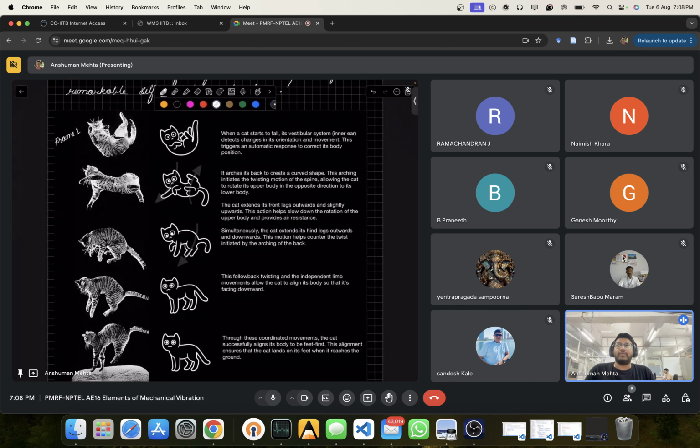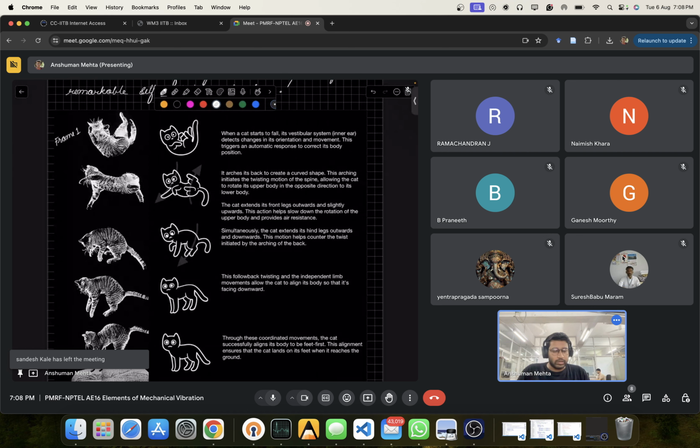If somebody has some problem with that, then issues such as vertigo happen. Similarly, the cat has this strong vestibular system, where it first detects that it is going to fall and what its orientation is. It is important that it detects the change. If that is not there, then there is no need of moving forward, because the cat won't know that it is falling. Now this triggers an automatic response. Whatever we are talking about in the next stages is that automatic response.